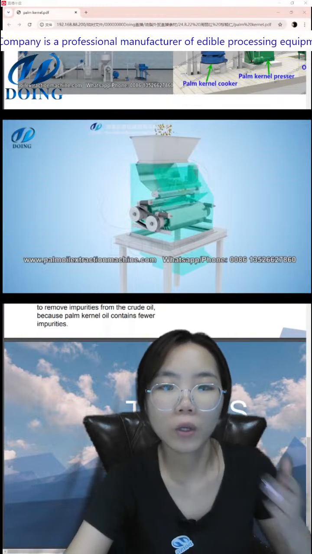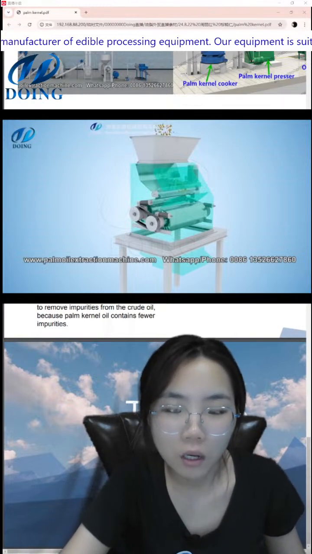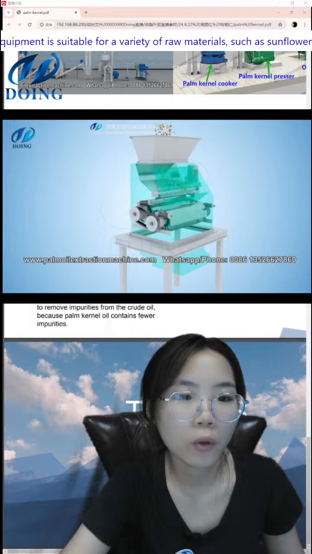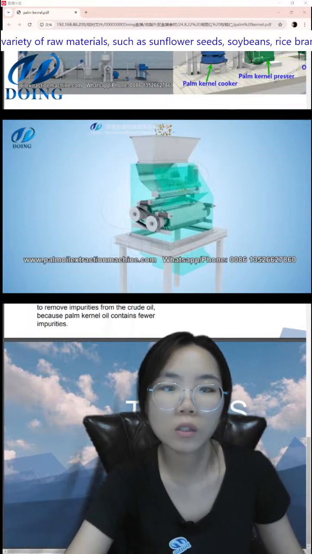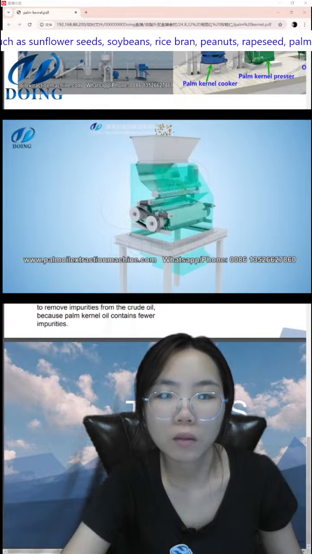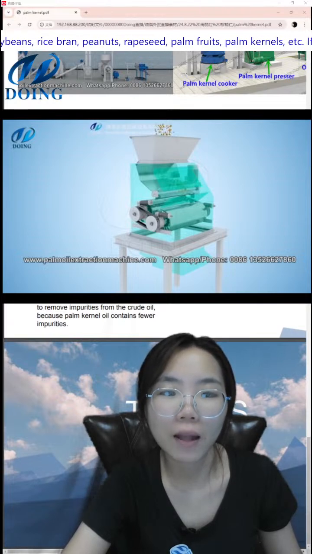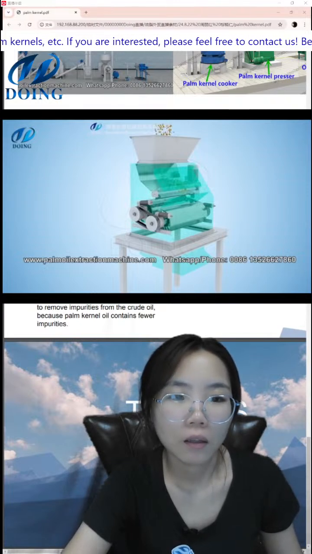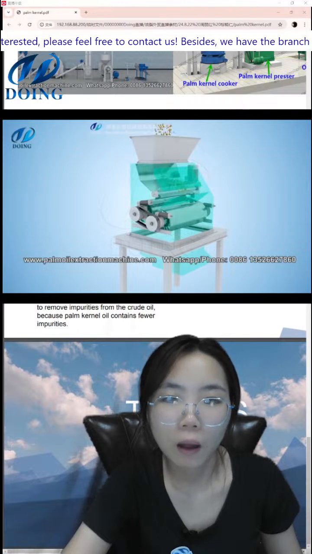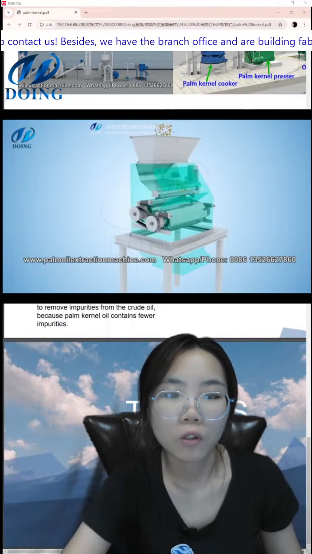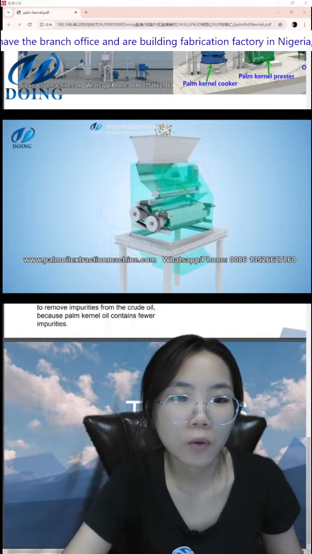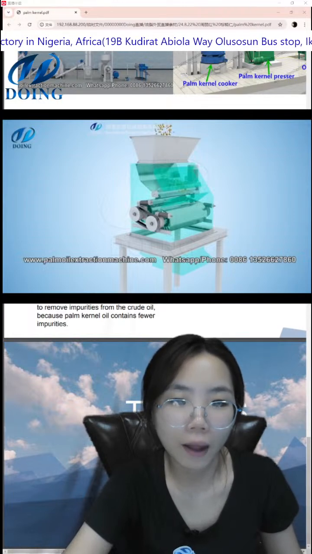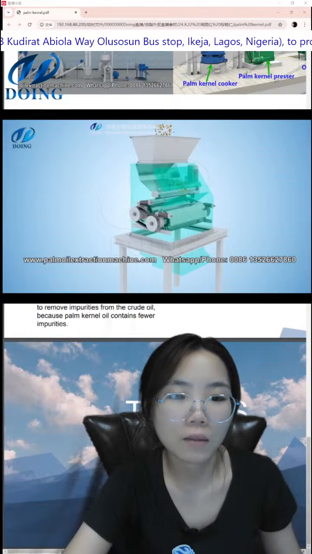We use a roller crusher, which is driven by 2 motors to rotate the tooth rollers, providing stronger power and a better crushing effect. Gradually, palm kernels are evenly crushed into 4 to 6 pieces, which can reduce the working pressure of the oil press, extend its service life, and at the same time increase the oil yield.